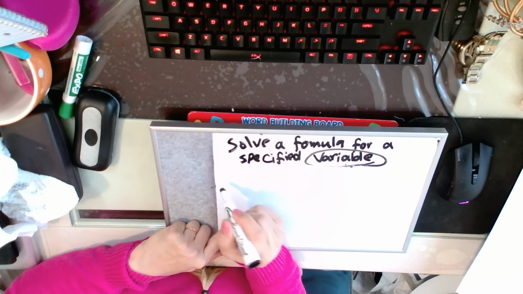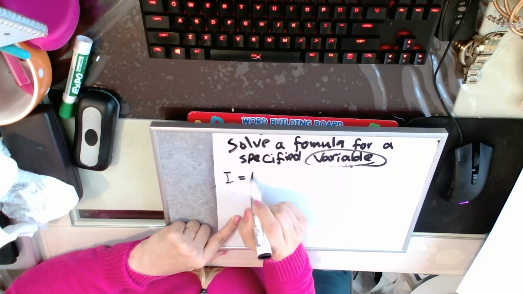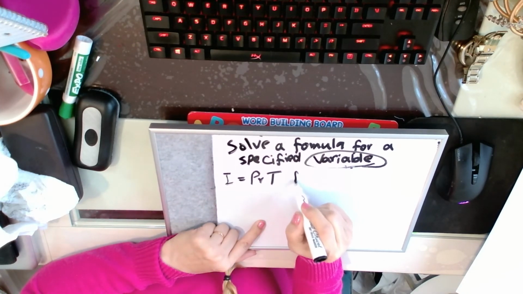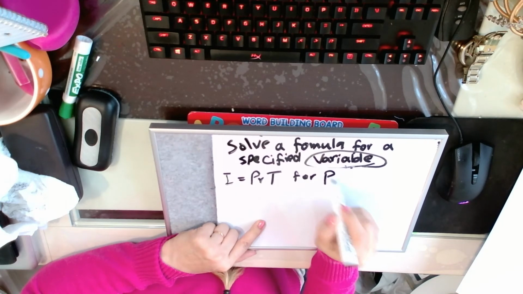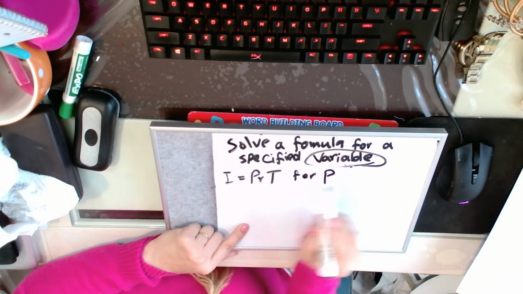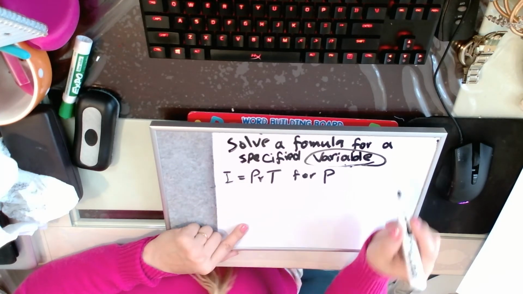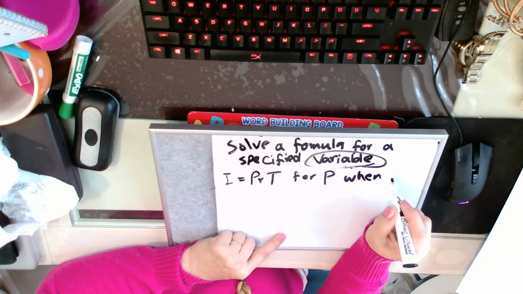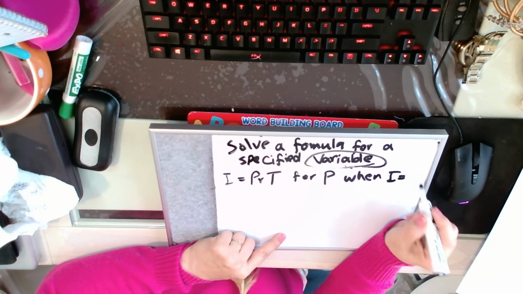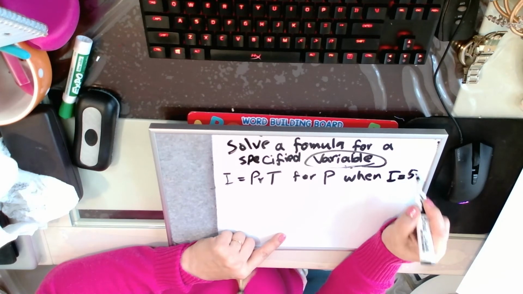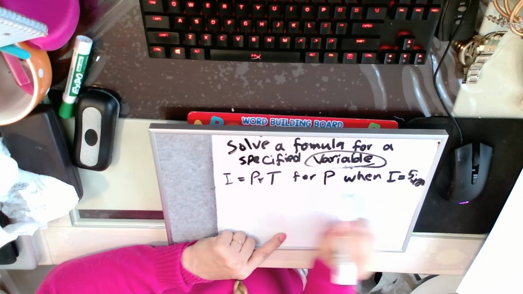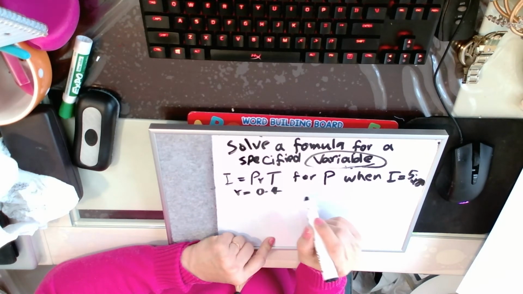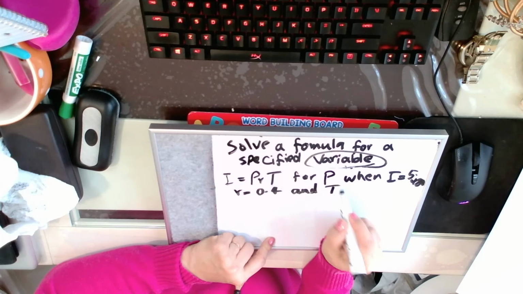Okay, so solve I equals PRT. Solve for P. If they ask you to solve for P, of course, they're gonna give you some information, when I equals 5,480, R equals 0.4, and T equals 7.